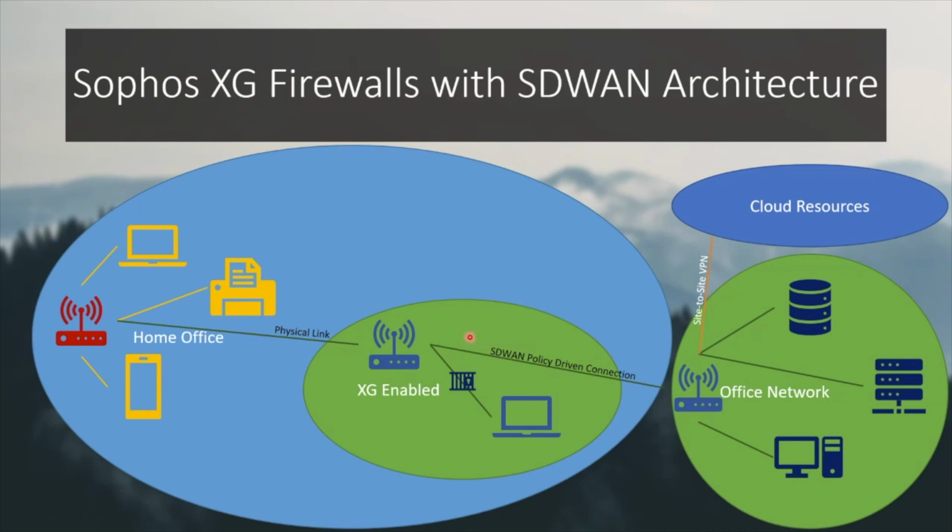The actual traffic will be driven down this policy-driven SD-WAN connection to your office network, your colo, or your data center if you've got it somewhere else. And the device that then connects to the wireless or wired network on this XG firewall is controlled and constrained by the corporate policy that you've got driven through these firewalls.